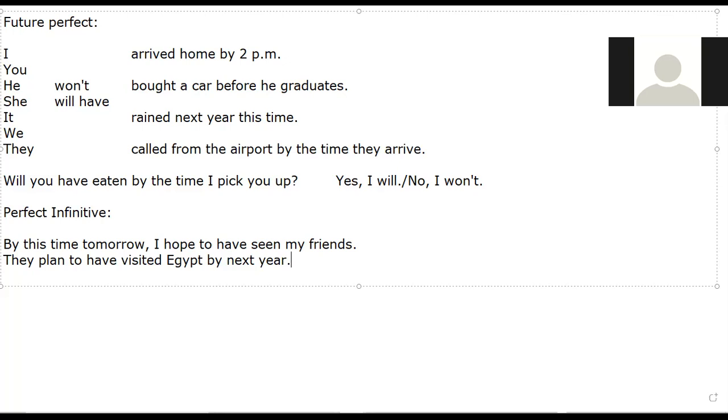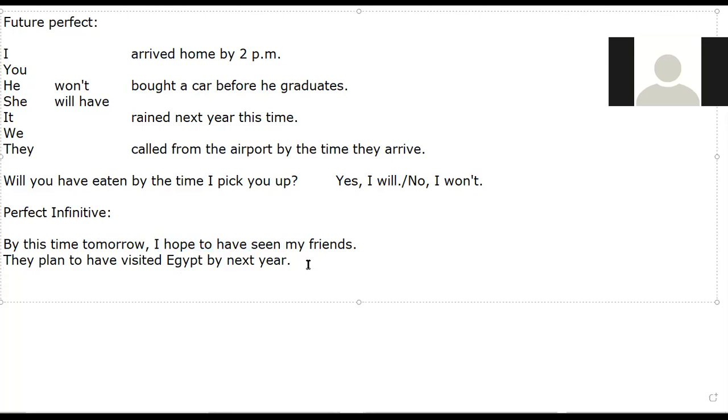Siempre va a ser to have. Acuérdate que aquí la estructura es perfect infinitive. El infinitivo verbo es esto. I hope to. Y este es el tiempo perfecto. Have seen. Entonces la combinación siempre tiene que ser: el verbo, luego el infinitivo to y luego el presente perfecto, para que sea un perfect infinitive. Si no, no se va a poder hacer.